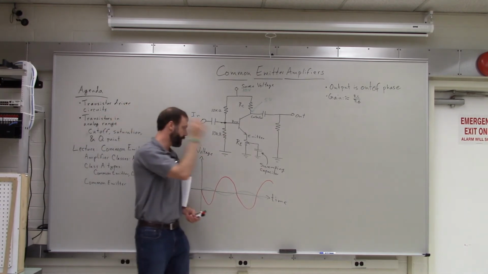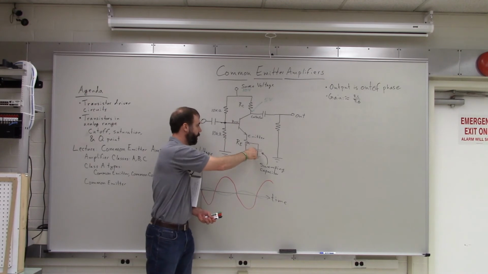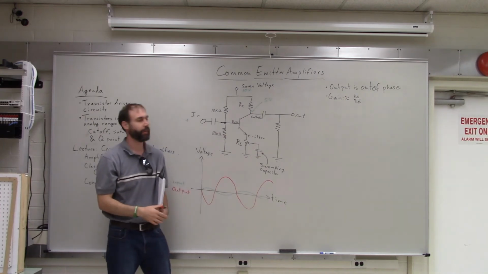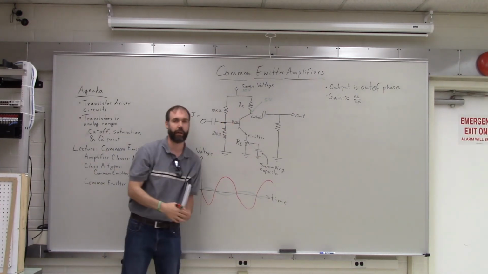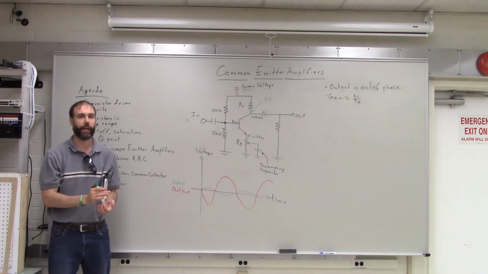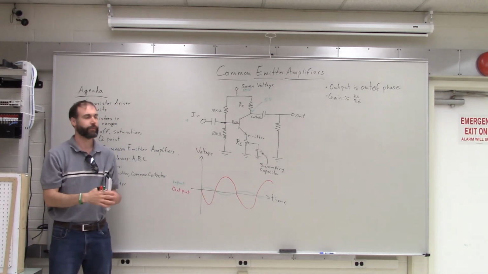So basically, this decreases your RE for AC signals, and so it can increase your gain for AC signals. So that can be good if you're trying to amplify AC signals. Okay.